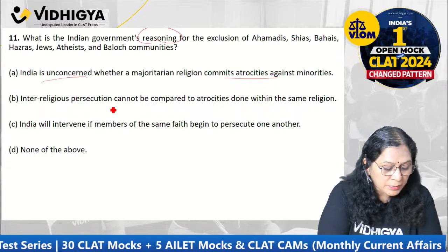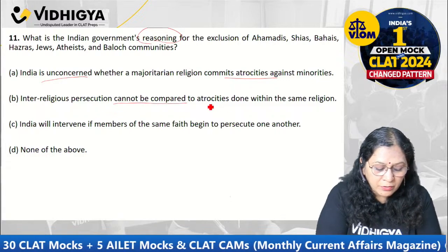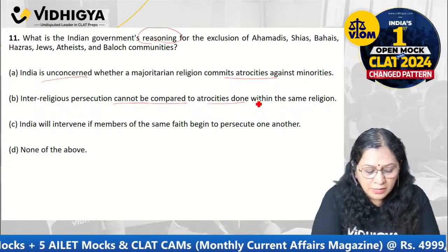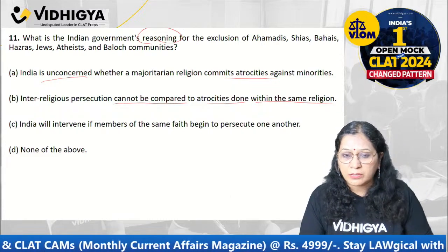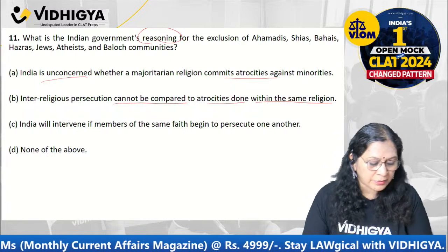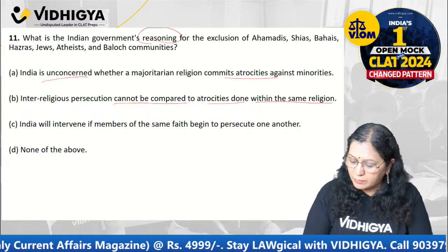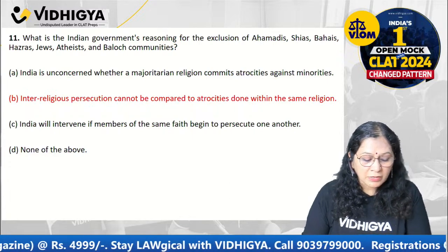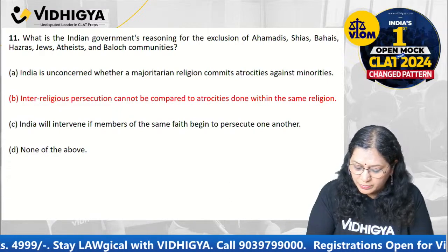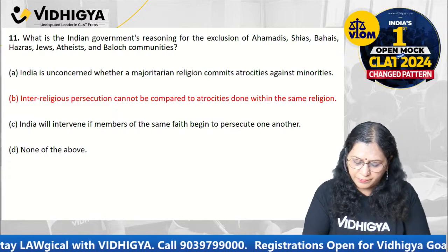So inter-religious persecution cannot be compared to the atrocities done within the same religion. उसने कहा था इंटर रिलीजन अलग होता है, इंट्रा रिलीजन अलग होता है. ठीक है. So that was the reason here for the exclusion of all these people, communities, you can say.